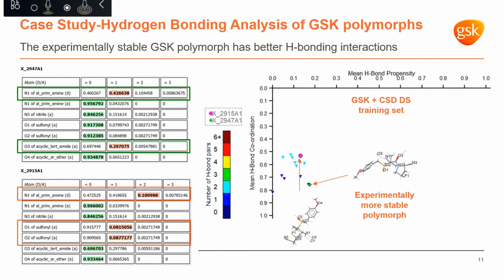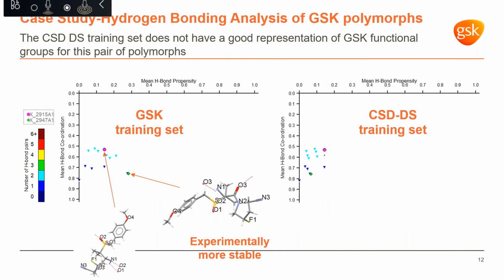So in this hydrogen bond propensity model here, we used a combination of GSK training set and the CSD drug subset as a training set. And we obtained a good distinction between the experimental polymorphs. So the more stable polymorph had a better hydrogen bonding interaction. The same was the case when we used GSK training set alone.